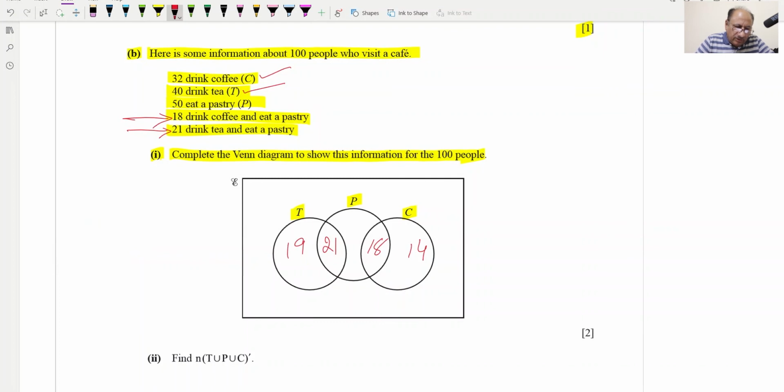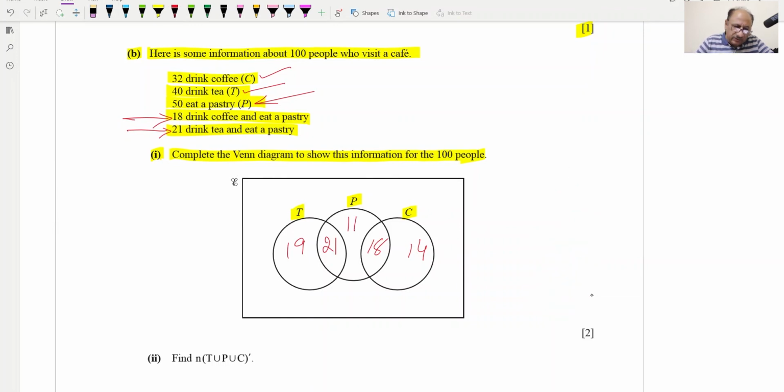The only one remaining is 50 eat pastry. So 50 eat pastry means 21 we have written, 18 also we have written, so this is 39. So 39 plus 11 will be 50, so 11 will be this portion.